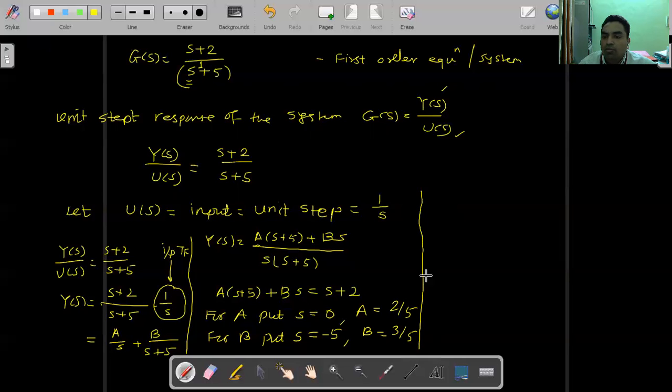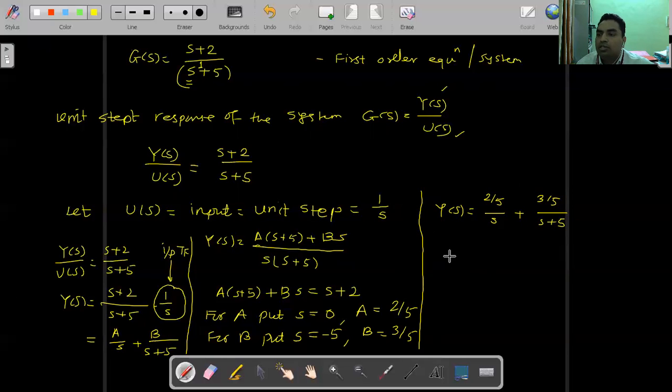So overall, what I will get is Y of s equal to A upon s. What is A? A is 2 by 5 upon s plus B upon (s plus 5), B is 3 upon 5 (s plus 5).